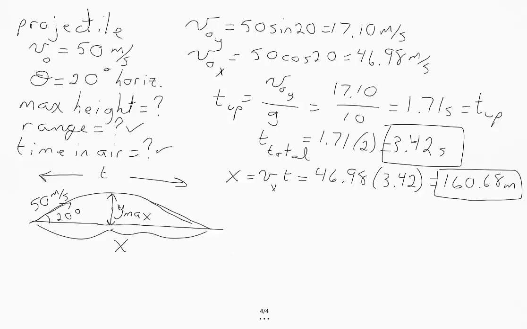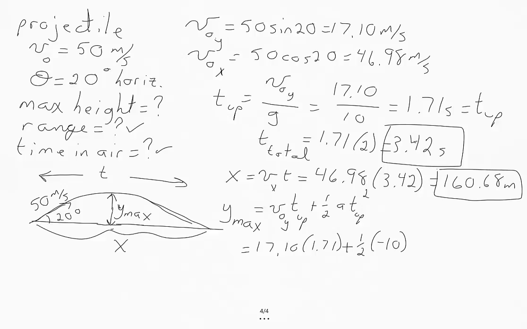So that's our range. To find the maximum height, I'm going to use the equation of v naught t plus 1/2 at squared, keeping in mind that it's v naught y t up plus 1/2 a t up squared, which will be 17.10 times 1.71 plus 1/2 times a negative 10, because gravity is the acceleration and it's in the opposite direction of the motion, so it has to be negative, times 1.71 squared.